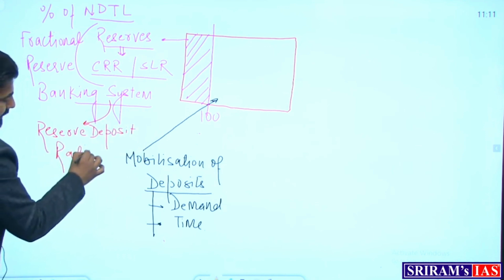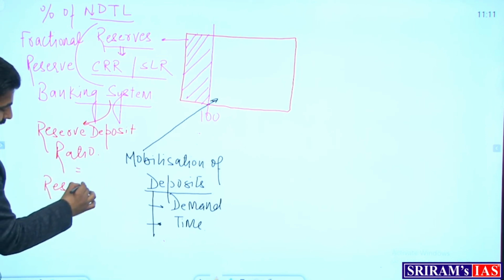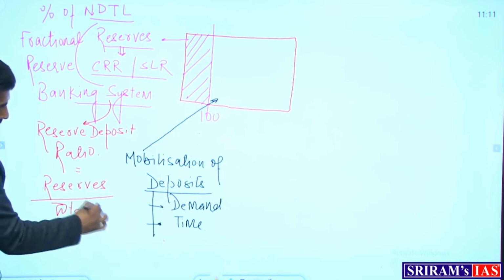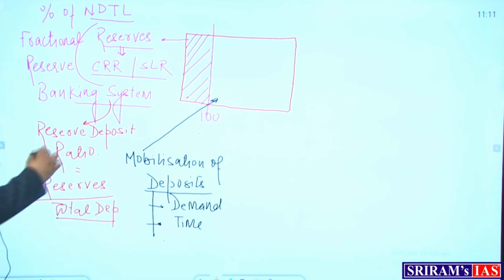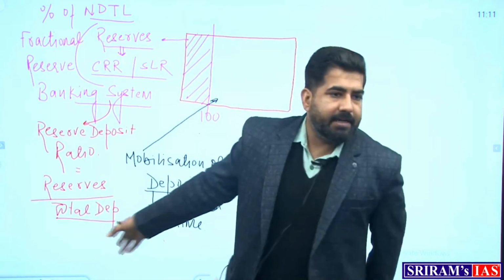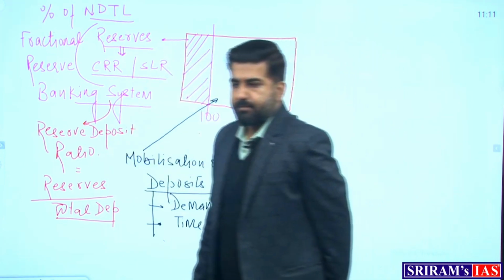Reserve deposit ratio equals the reserves set aside with respect to total deposits. So total reserves will be CRR plus SLR divided by the total deposits, basically NDTL, as a percentage of NDTL.